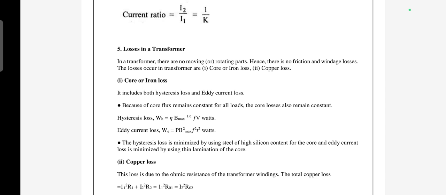For hysteresis loss, Wh is equal to eta B max to the power 1.6 f v watts, and eddy current loss is denoted by B max squared f squared t squared watts. The hysteresis loss is minimized by the use of high silicon content steel for the core, and eddy current loss is minimized by using laminations of the core.